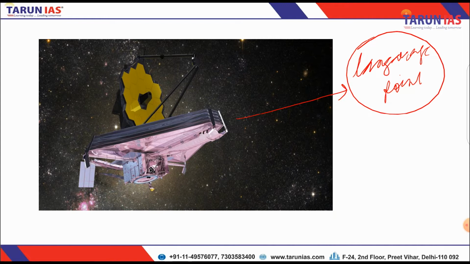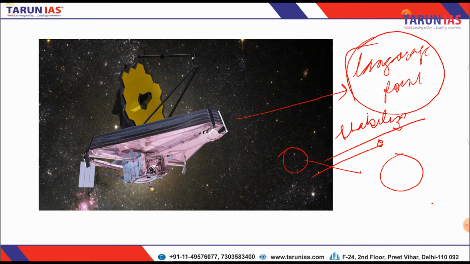Now basically in order to minimize the consumption of fuel and in order to minimize the energy requirement to stabilize the James Webb Telescope, the scientists place the James Webb Telescope or satellites in an orbit which is a balanced point between the two celestial bodies, and Lagrange points are those points where the forces between the two celestial bodies are balanced so as to give natural push to the James Webb Telescope and to stabilize it within its orbit.